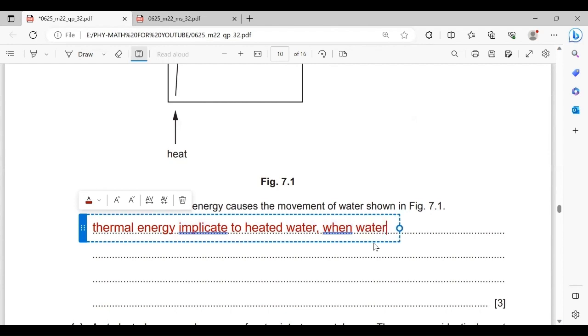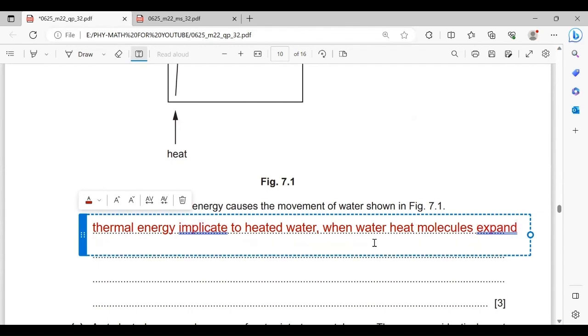When the water is heated, the molecules expand, become less dense, and rise upwards. Okay, I did that.